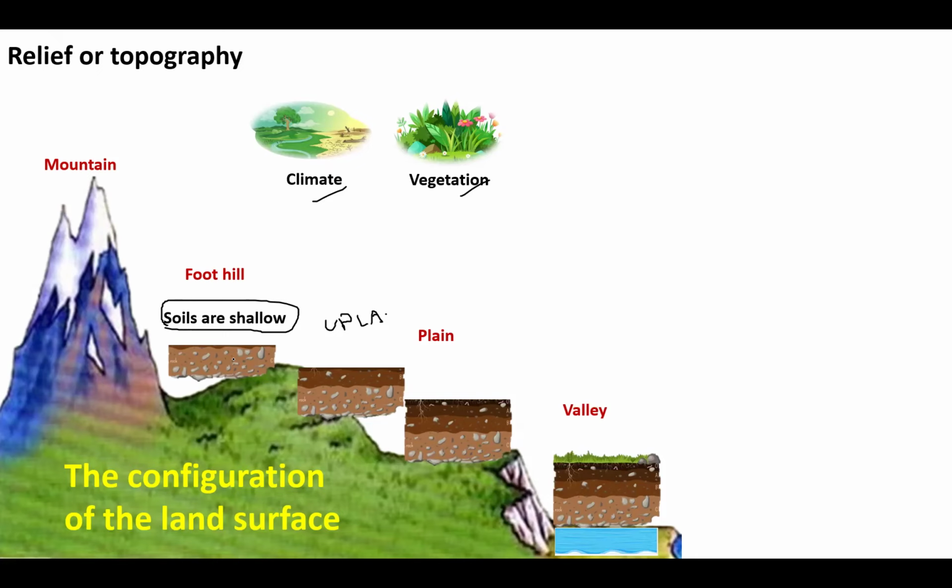That means the depth of the soil is very small near the foothill. But on the valley side, as deposition comes from here to here due to erosion, the deposition will be more here. The soils will be very deep, with very deep soil development, and the differentiation of horizons in the profile will be very high.